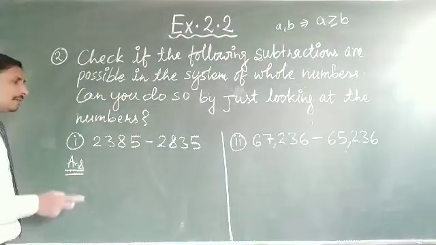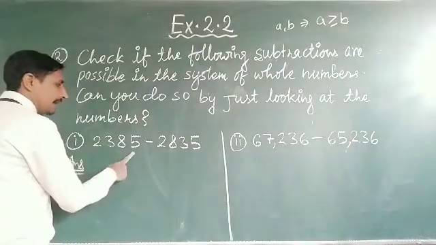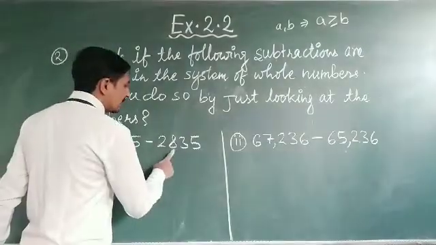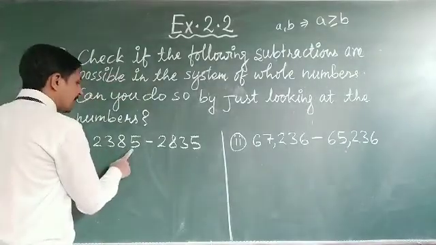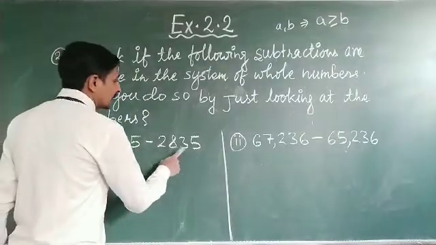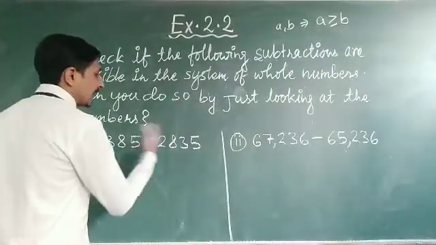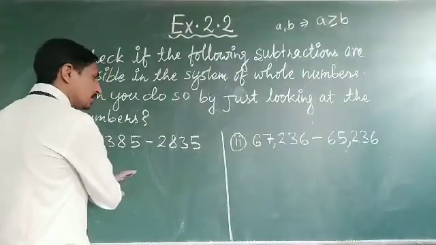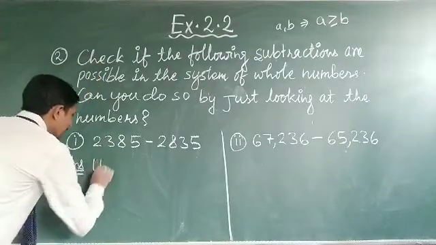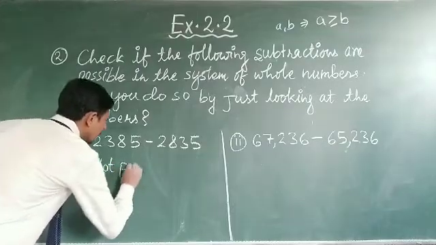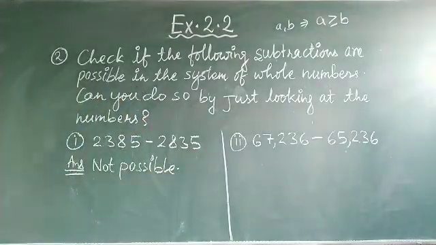When we compare both numbers, the first number is 2385 and the second number is 2835. So 2385 is smaller than 2835. When the first number is smaller than the second number, subtraction is not possible. So we have to write not possible.